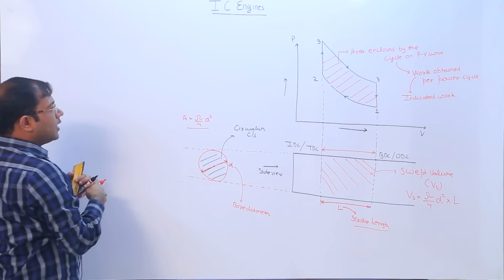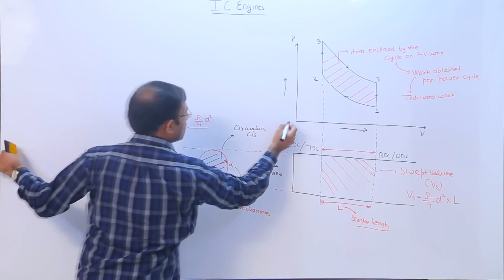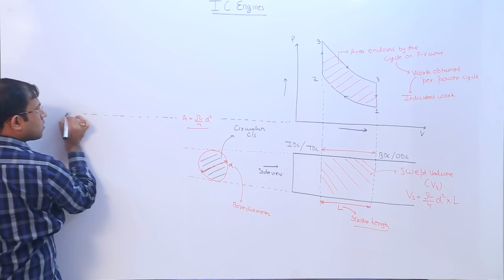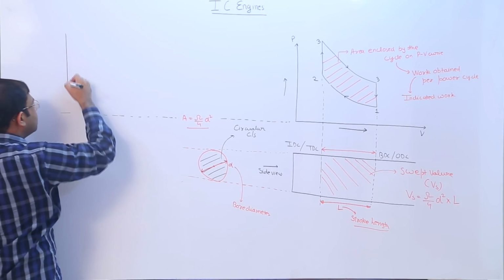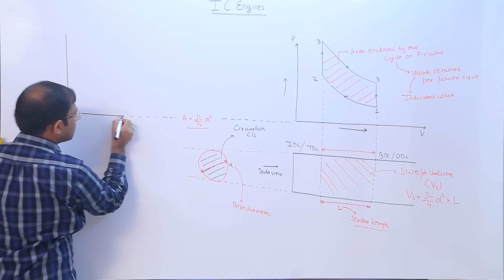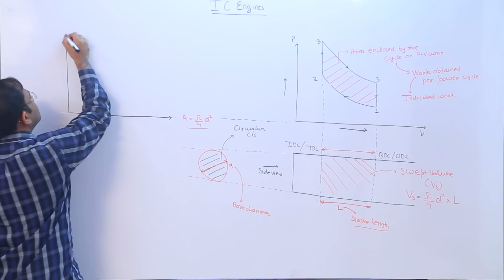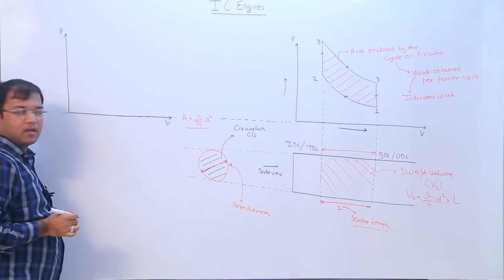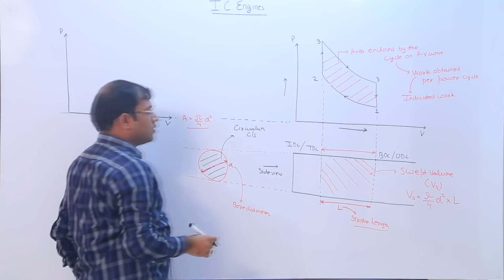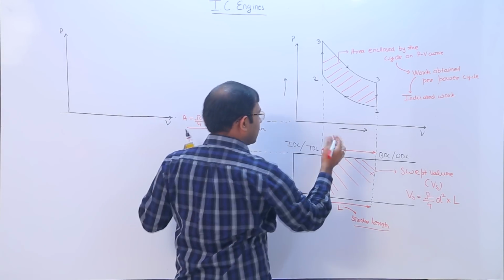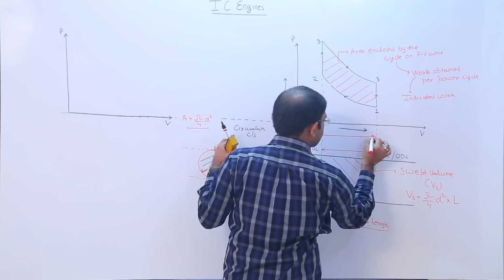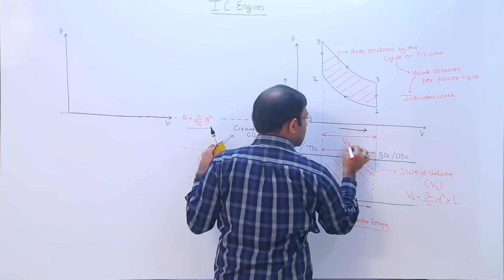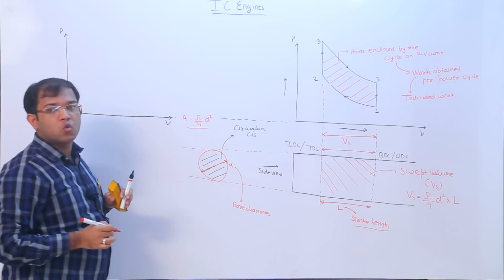Now see students, again I will draw one PV diagram. Let this PV diagram or the graph be represented like this. Fine. Now see students, this length on volume axis represents your stroke volume or swept volume.